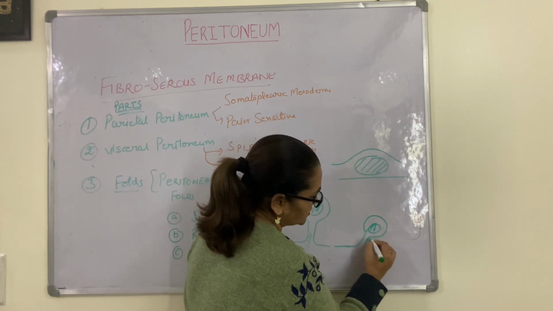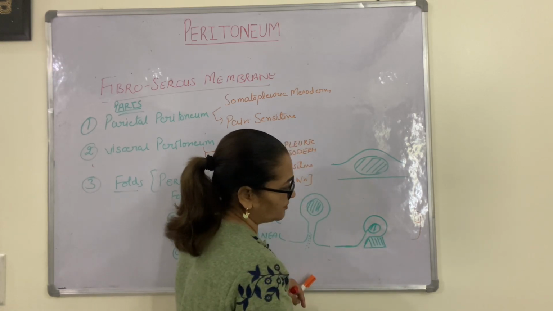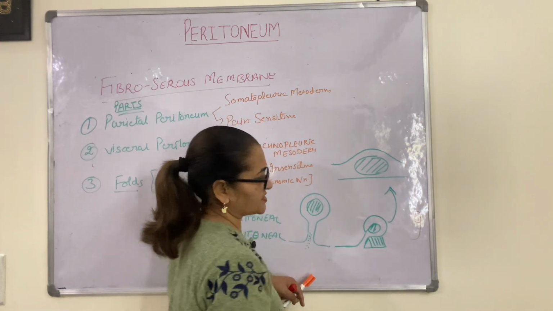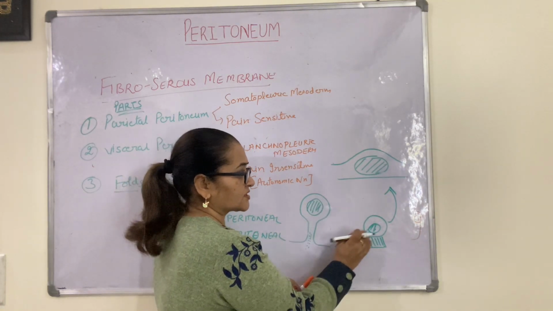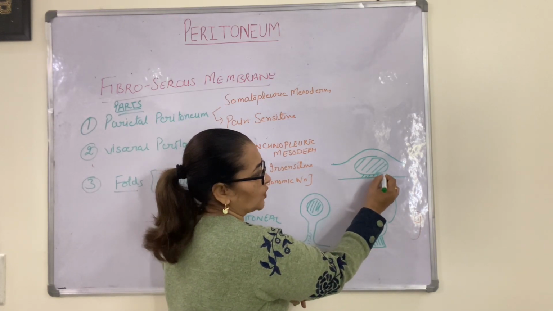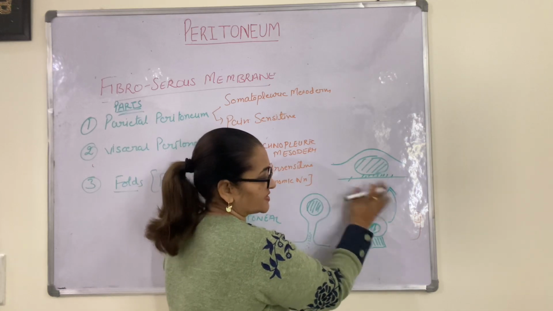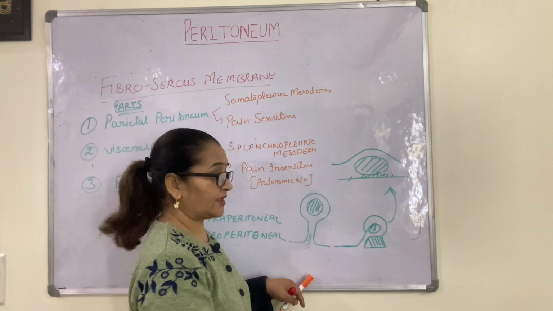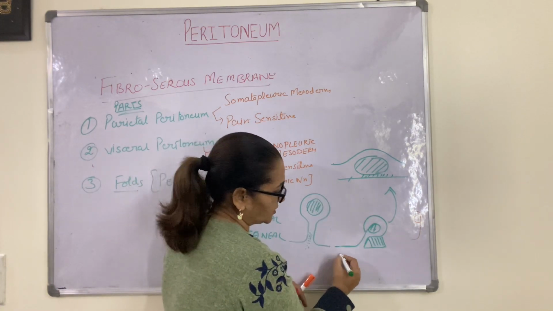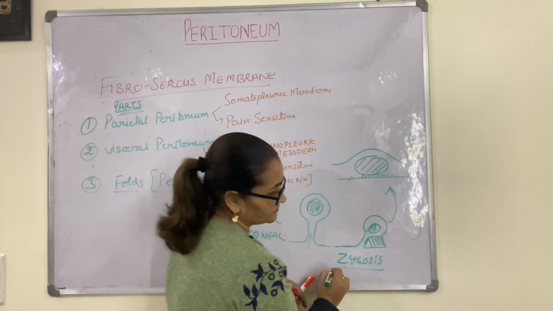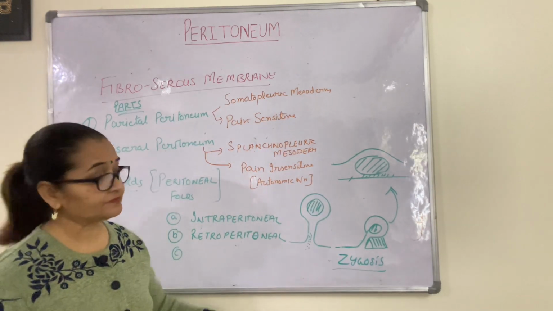They are pushed by the posterior abdominal wall, and it comes to the next stage. It comes like this. So it is covered by this, and this wall is completely fusing with this wall. So it is resting on that. Anteriorly that viscera is covered by the membrane, and posteriorly it is resting on this, and that phenomenon is known as zygosis. So this is important.